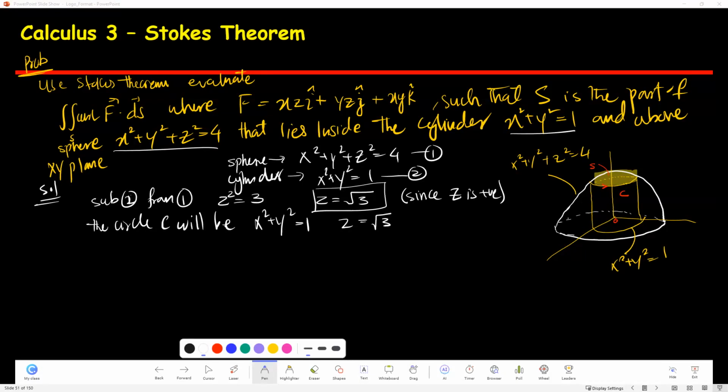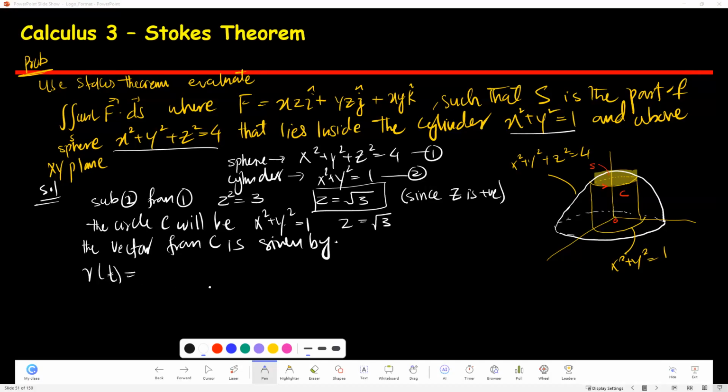Right, so this circle is at height root 3, and then the vector for C is given by r(t), just like we used to do in our line integral.